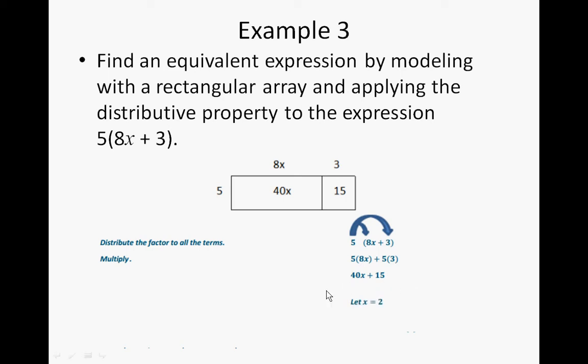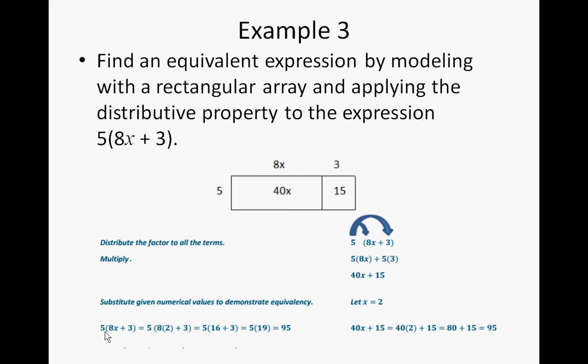So now let's say that x is 2. We're going to substitute a given numerical value to demonstrate equivalency. So 40 times x plus 15 is 40 times 2 plus 15, which is 80 plus 15, or 95.